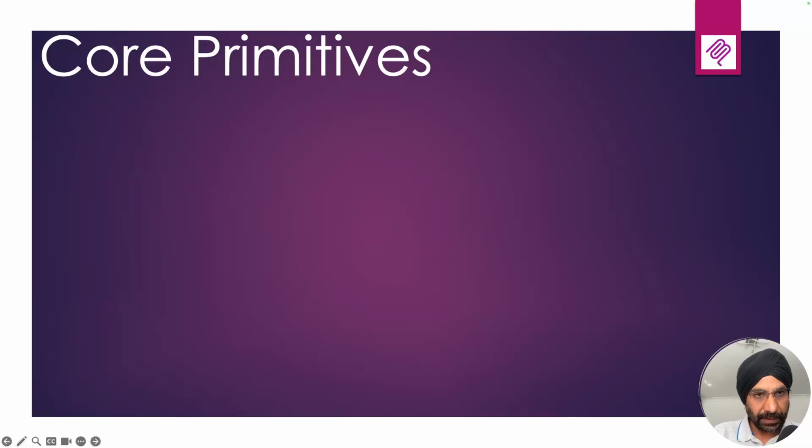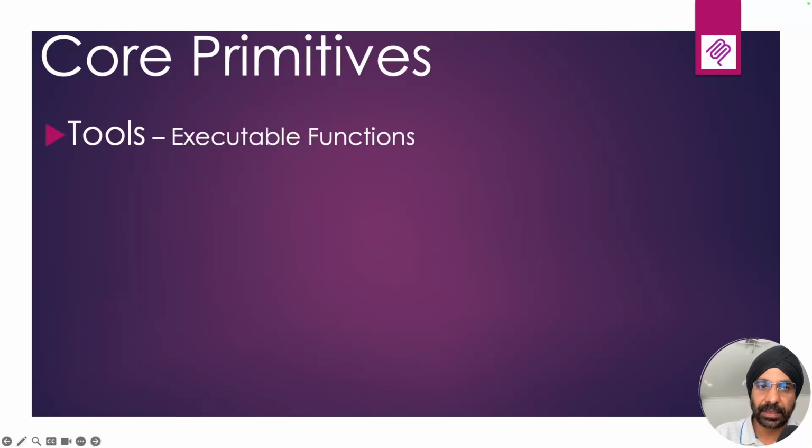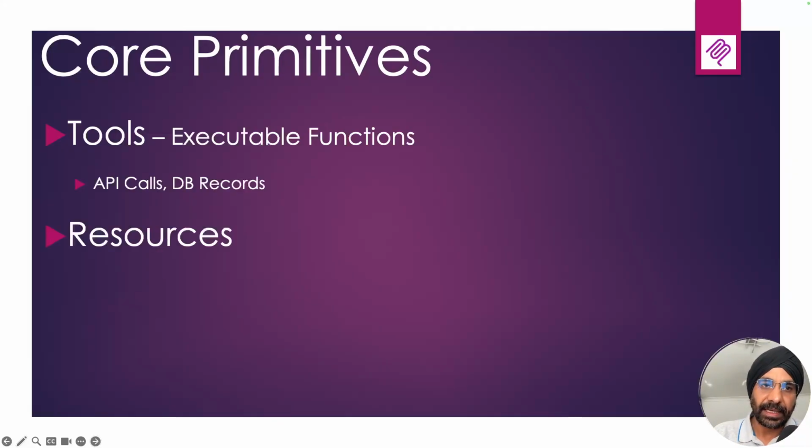The very first thing which comes when we talk about core primitives, and you may have heard this term, at least me talking in other videos, is called MCP tools. So what is an MCP tool? They are executable functions, for example API calls, or some sort of database records.